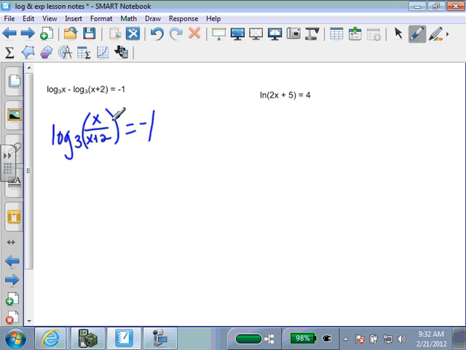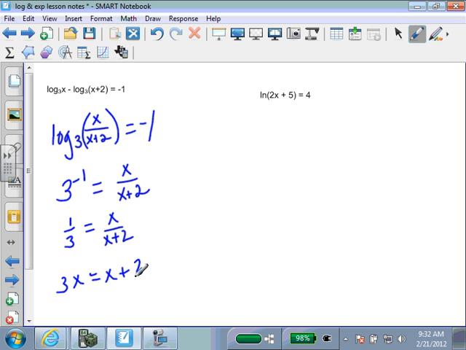Now, since I have a single log and it is isolated, I can change to exponential form. 3 to the negative first equals x over x plus 2. 3 to the negative first is 1/3 equals x over x plus 2. I'm going to do a cross product. So 3x equals x plus 2. 2x equals 2. X equals 1.